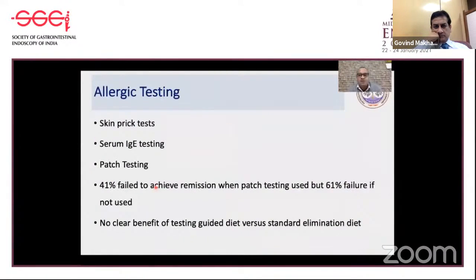Now, coming to allergic testing, although many people perform it, including skin prick tests and serum IgE testing, as of today there is no clear evidence of benefit of this approach in management of these patients, because there is no data to suggest any additional benefit of a test-based diet versus the standard elimination diet.